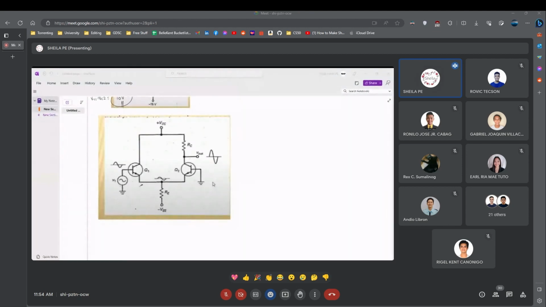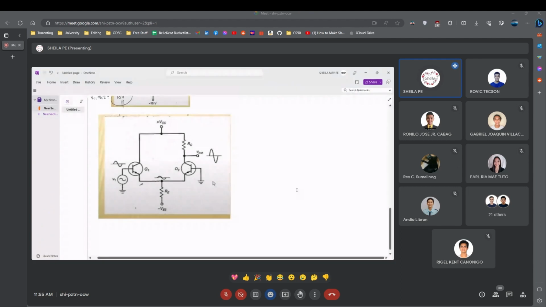Okay, the two halves of a differential amplifier respond in a complementary manner to the non-inverting input. Q1 acts like an emitter follower that produces an AC voltage across the emitter resistor. The amplified output sine wave is in phase with the non-inverting input.